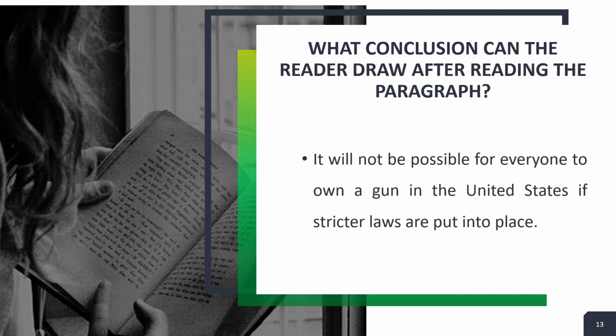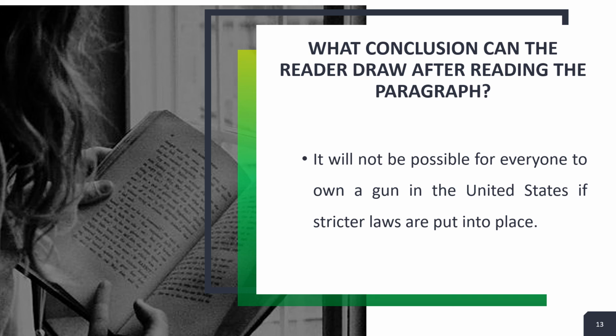So what conclusion can the reader draw after reading the paragraph? It will not be possible for everyone to own a gun in the United States if stricter laws are put into place. So even though there are laws, as we have read just now, they are all about laws.